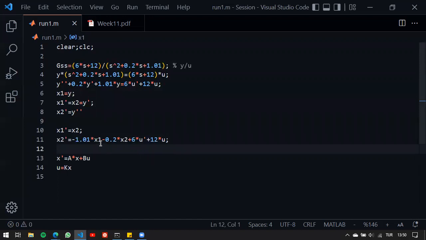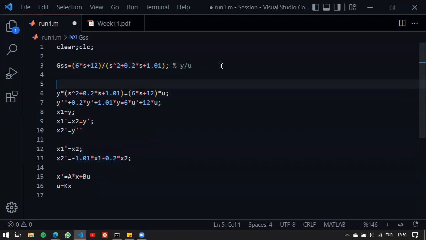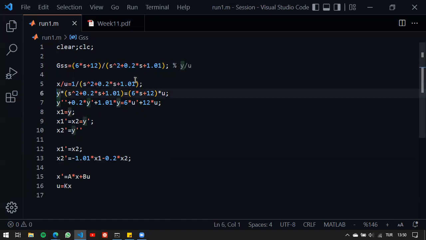So instead of doing this, I'm going to get rid of this part here. So my first step would be to define another transfer function. And that would look like this. I'm just taking the denominator, and that's it. So that's basically my first step, not the whole transfer function. And you'll see why.